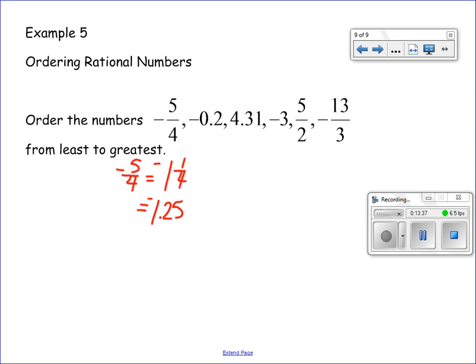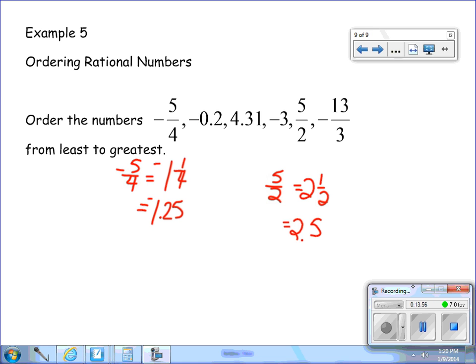We already have this one in decimal form, -3.2. Then we have 4 and 31/100ths. Now we have 5 over 2, which is going to be 2 and 1/2, which in decimal form would be 2.5.